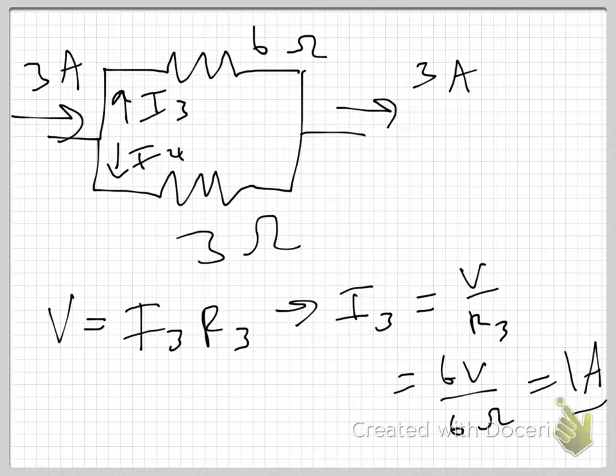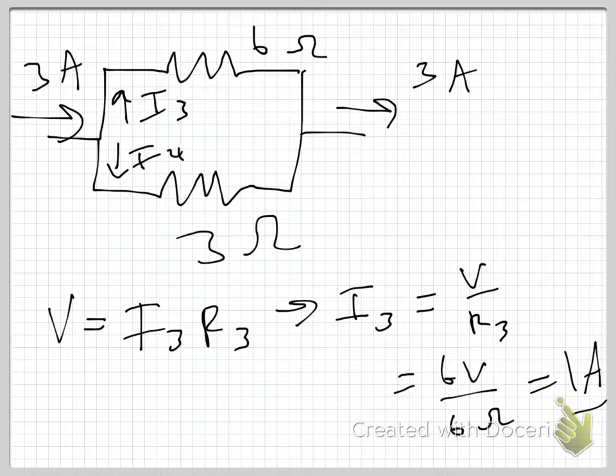To find the current through the 3 ohm resistor, again, I have 2 options. I can form the same equation: V, which again is going to be 6 volts, is equal to I4 R4, where I4 is unknown and R4 is the 3 ohm resistor. I can solve it for the current just like I did here, and I can get an answer. Or I can, again, use simple math because I know that the total current has to be 3 amps.